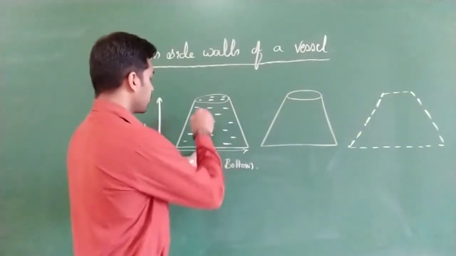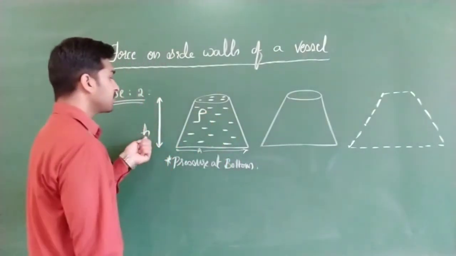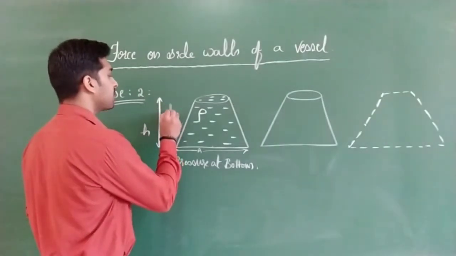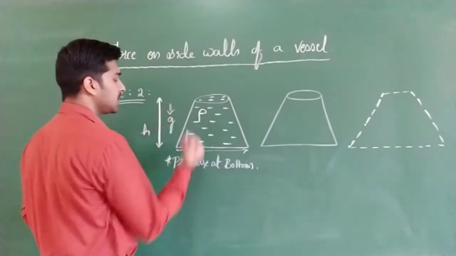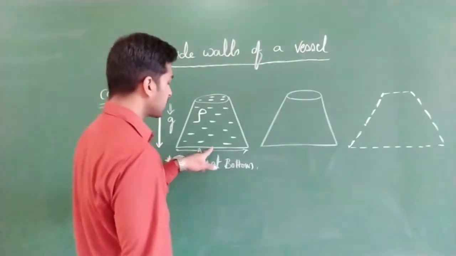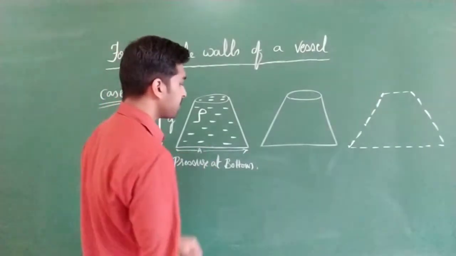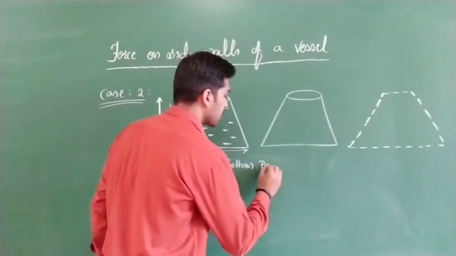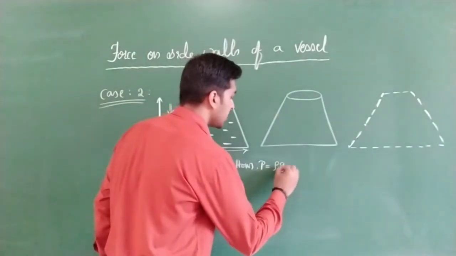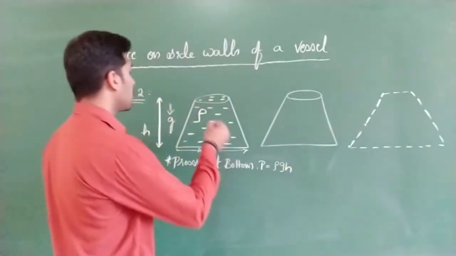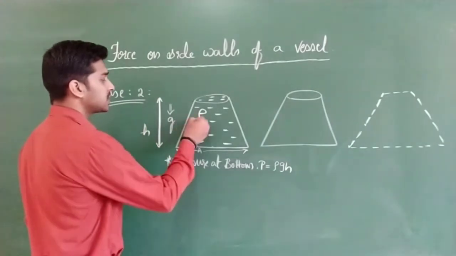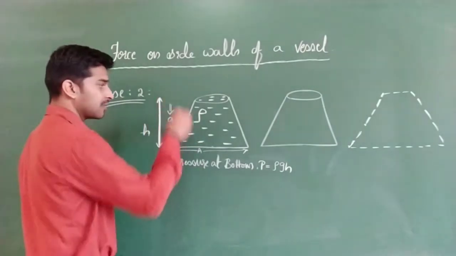This is nothing but rho, at a depth h, acceleration due to gravity g, exactly at the bottom. What will be the total pressure? P is equal to rho g h, correct? Density, acceleration due to gravity, and how much depth.